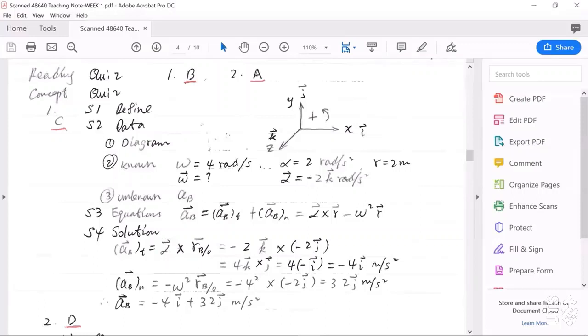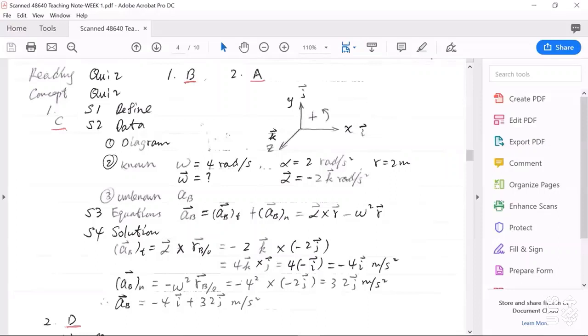Angular acceleration alpha is 2 radians per second squared. This is already known. It's clockwise. According to this defined coordinate system, it should be negative. So in vector form, vector alpha is equal to negative 2k radians per second squared.